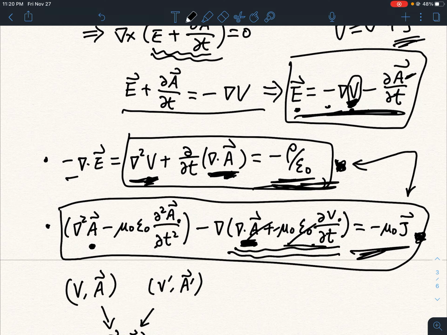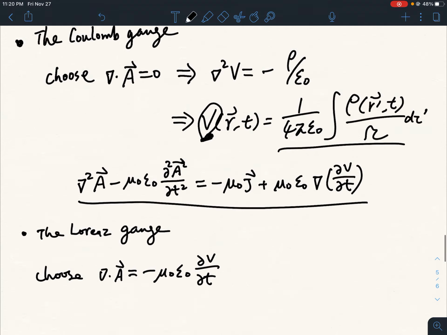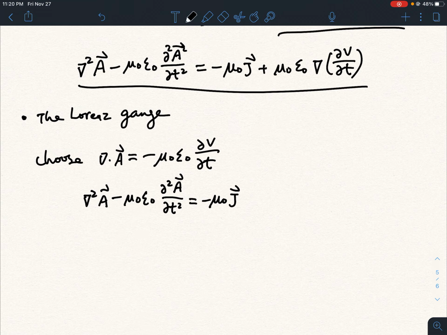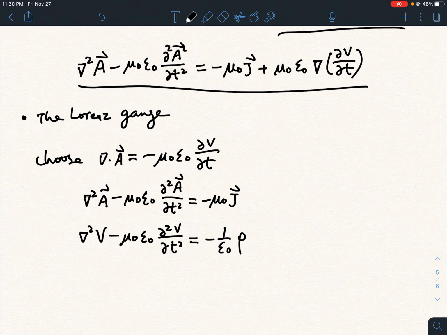Okay. So now, if we do that, we can just plug into these two equations. What do you find? Now the two equations will look like this.